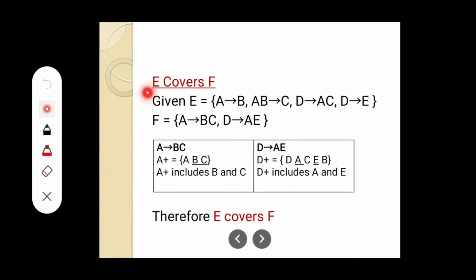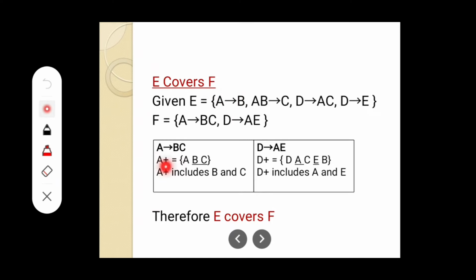E covers F means I will take each and every functional dependency of F. The first one is A determines BC, so I will take the closure of the LHS, that is A plus with respect to E. Normally when we take a closure, we look into this set; now we are going to look into this set and derive.